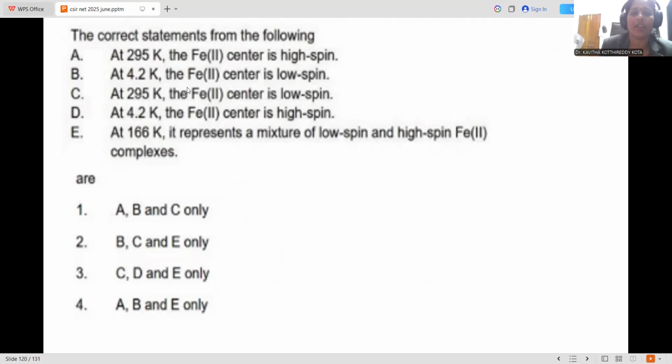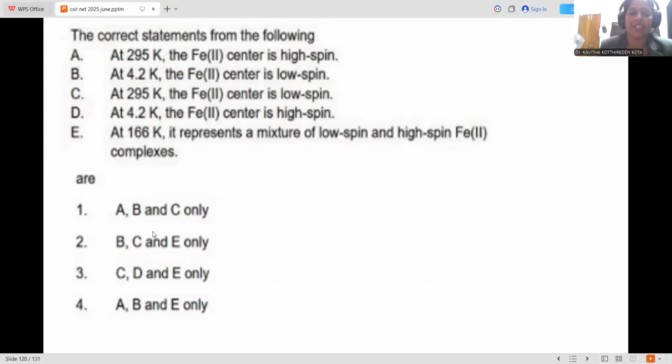At 4.2 Kelvin, the iron plus 2 center is low spin. At 295 Kelvin, the iron plus 2 center is low spin. At 4.2 Kelvin, the iron plus 2 center is high spin. At 166 Kelvin, it represents a mixture of low spin and high spin Fe plus 2 complexes together. These many options are provided. We need to identify what is exactly correct.